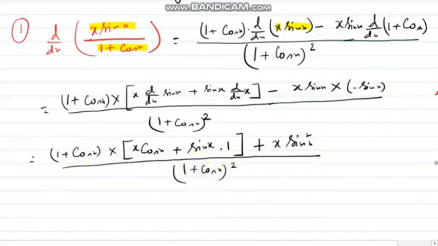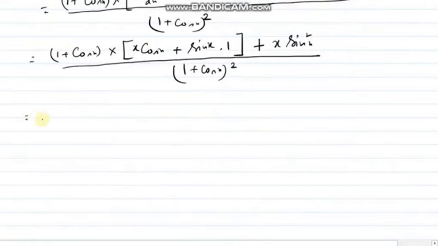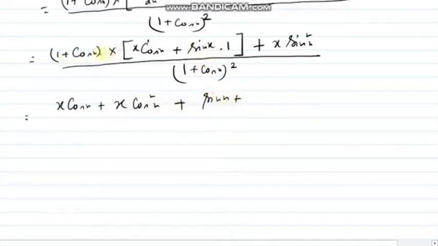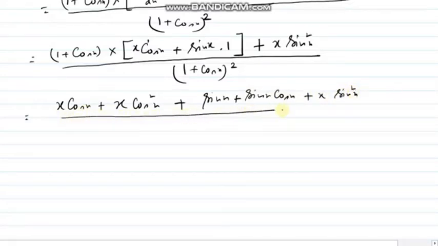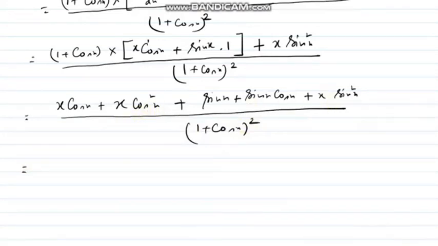If I try to simplify this, just check what will happen. It will be x cos x into 1, x cos x, plus x cos square x plus sin x plus sin x cos x plus x sin square x, divided by 1 plus cos x whole square. x cos square x plus x sin square x, if I take x common, it will be sin square x plus cos square x inside the bracket, so it will be 1.